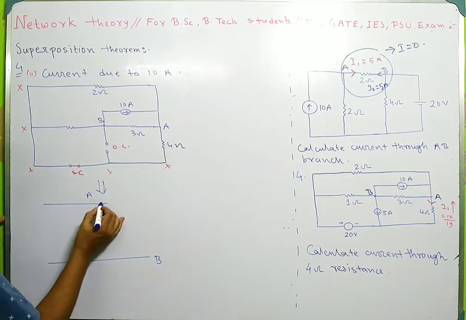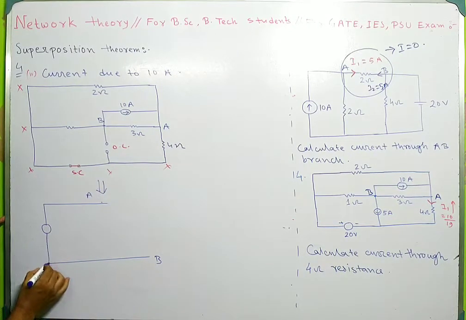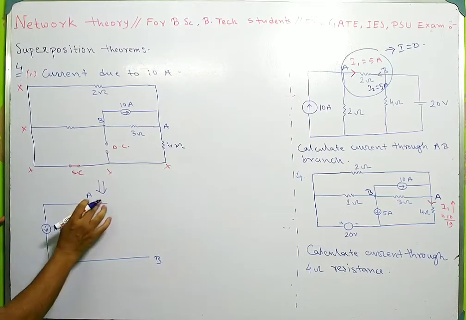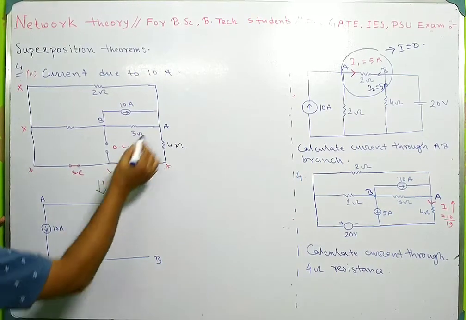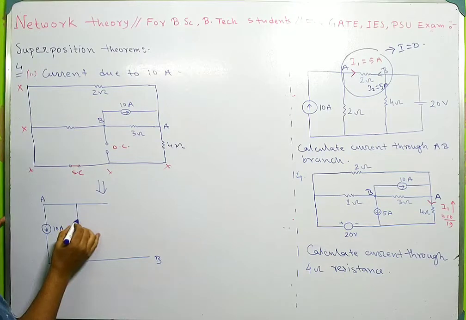So from A to B there is a current source, 10 ampere. A to B there is a 3 ohm resistance.